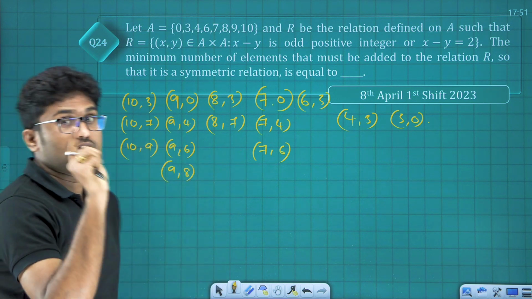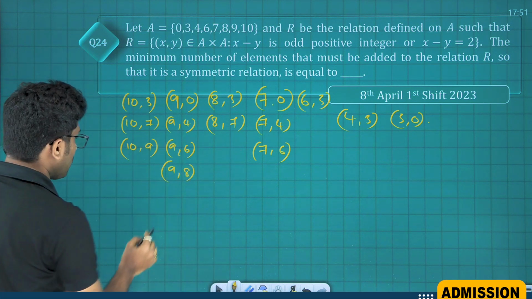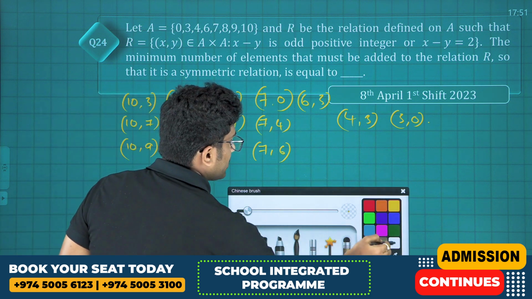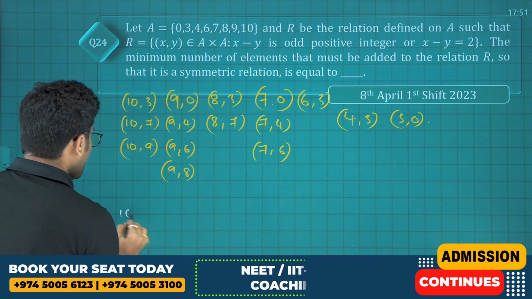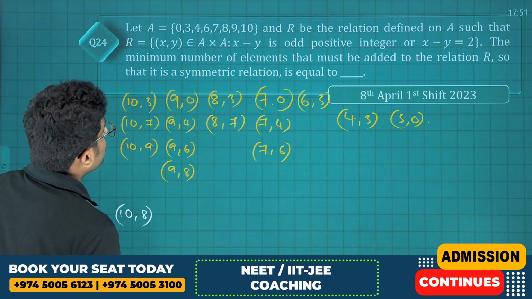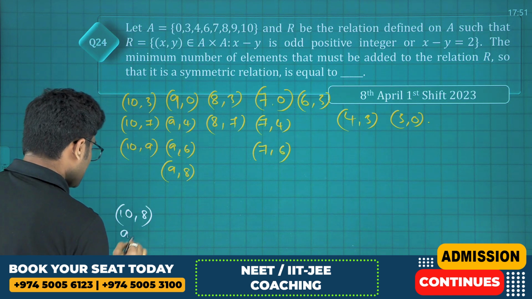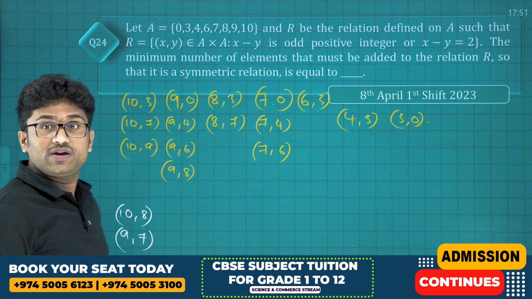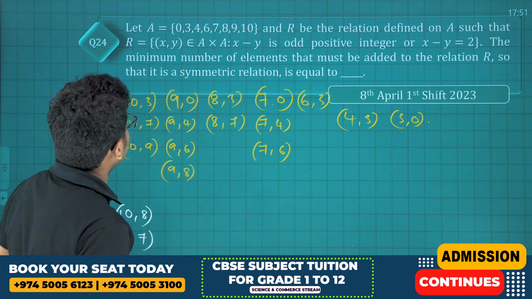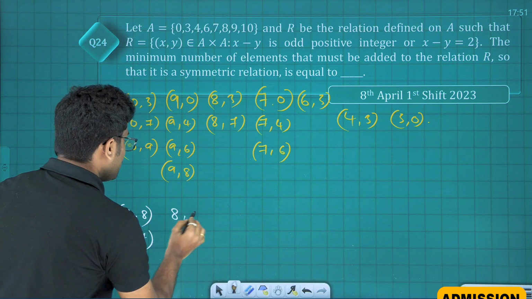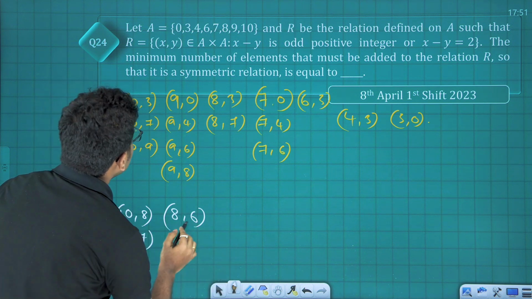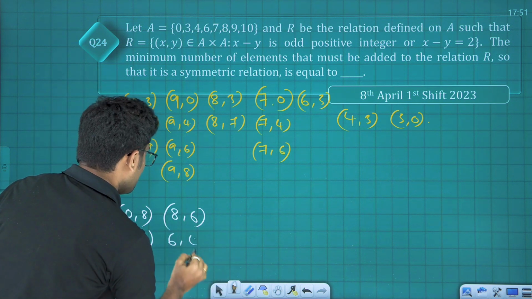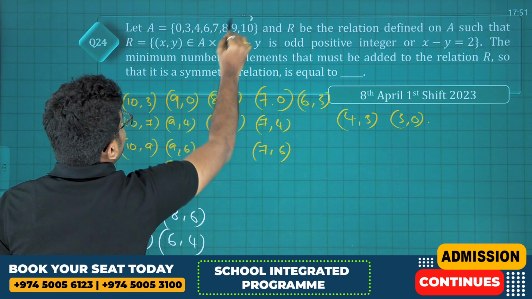Or x minus y is equal to 2. That means the pairs (10, 8), (9, 7), (8, 6), (6, 4). The difference of each is 2.